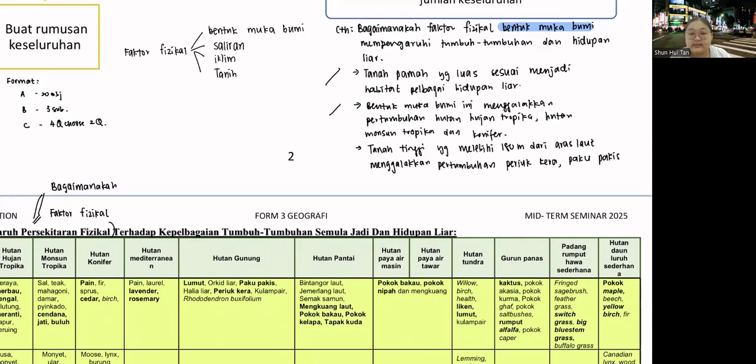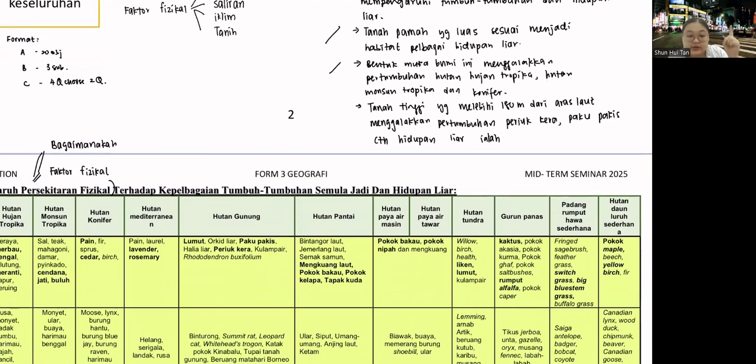And of course, you can also give an example of hidupan liar. What kind of animal can we find in tanah tinggi? What animals can you find on top?